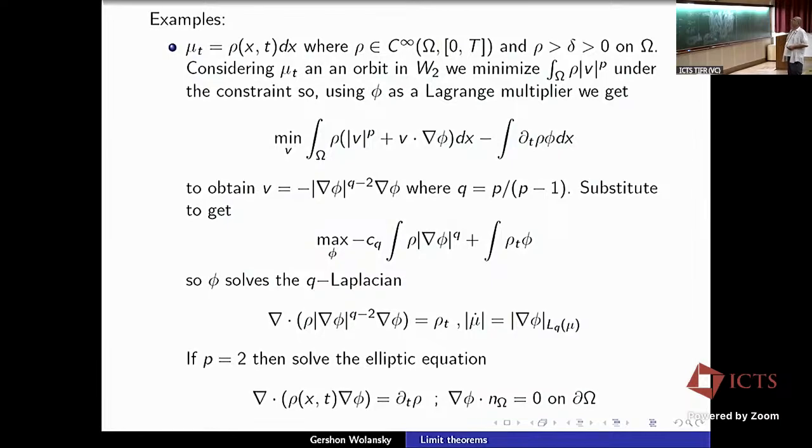When we minimize over v for each time, we get that v is the gradient of this Lagrange multiplier to the power q minus 2, where q is the dual of p.